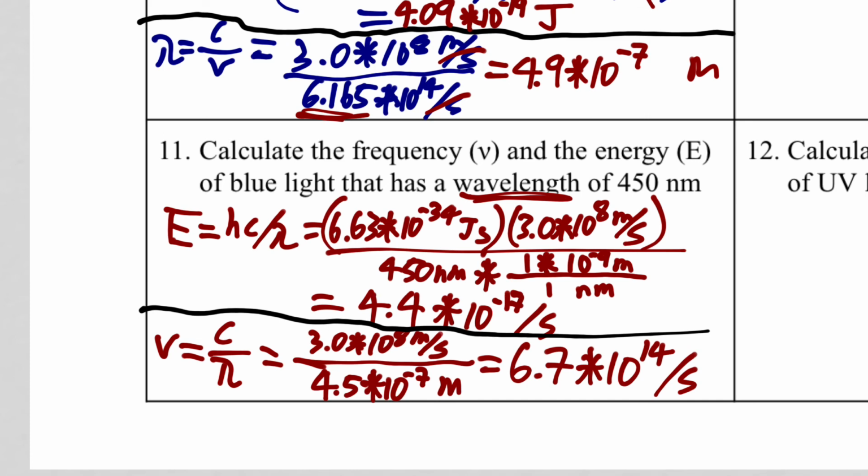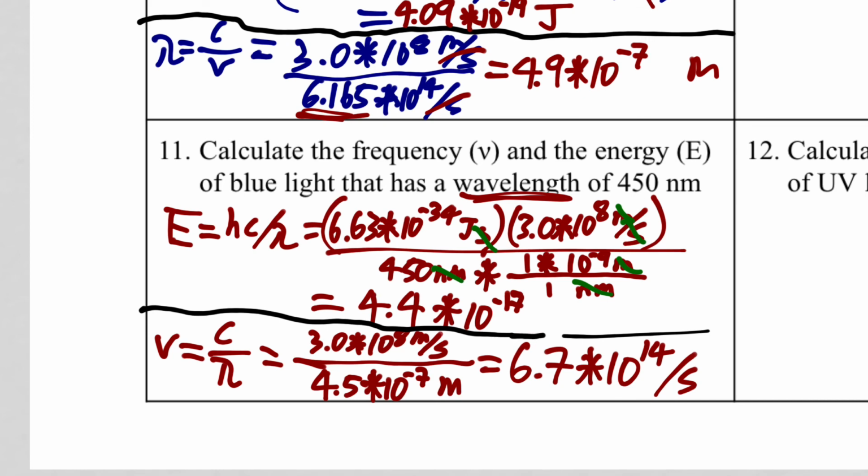And I apologize, I screwed up the unit above, because actually if we go through and cross out the ones that should be crossed out, the seconds and the per second should cross out. Meters, nanometers cross out with nanometers, meters cross out with meters. So what you should have been left with is actually joules, not per second.